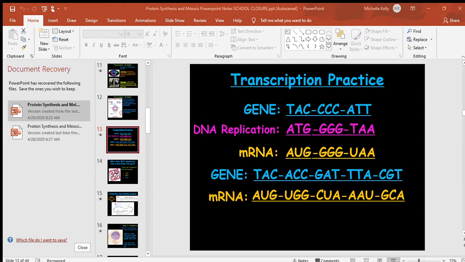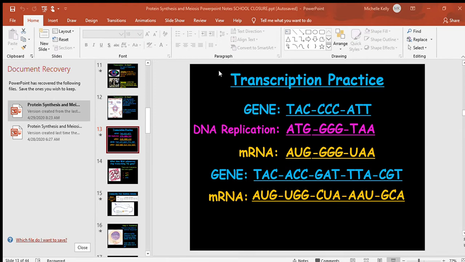Okay. Now, if you were the RNA polymerase, what you would do is you'd read an A. You'd read a T, and you would make a little A in your mRNA.